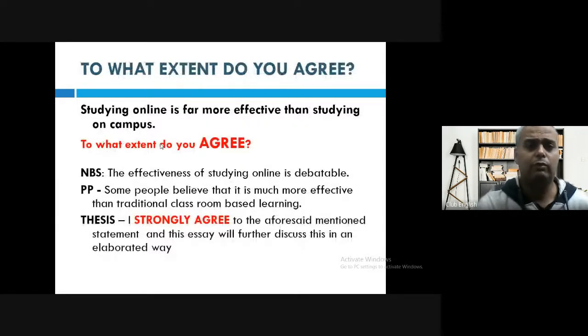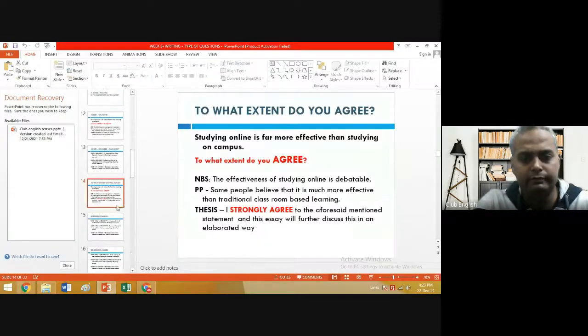Now, if the question is like, to what extent do you agree? Everything remains the same. Now, the thesis changes. I strongly agree to the aforesaid statement. Oh, sorry, it is not rightly written. It is aforementioned statement. Just a minute.